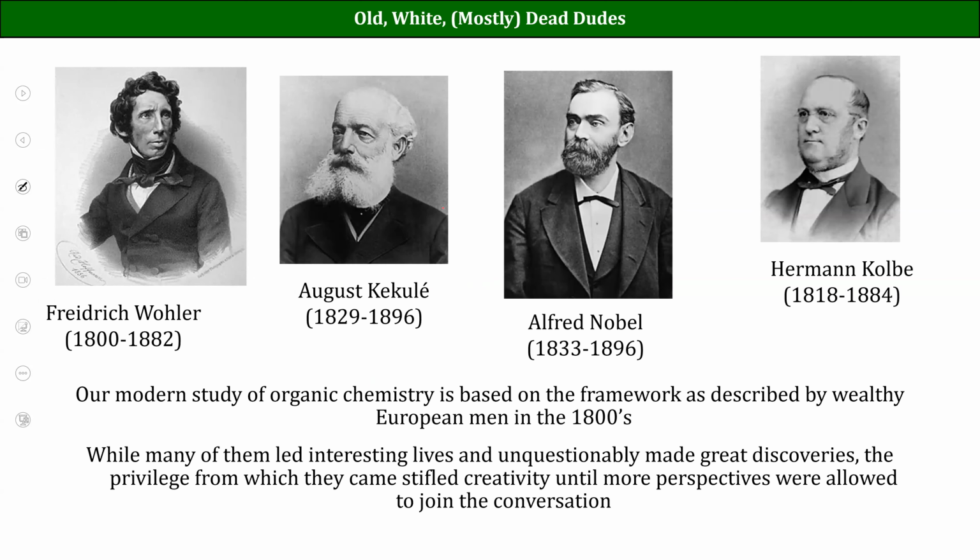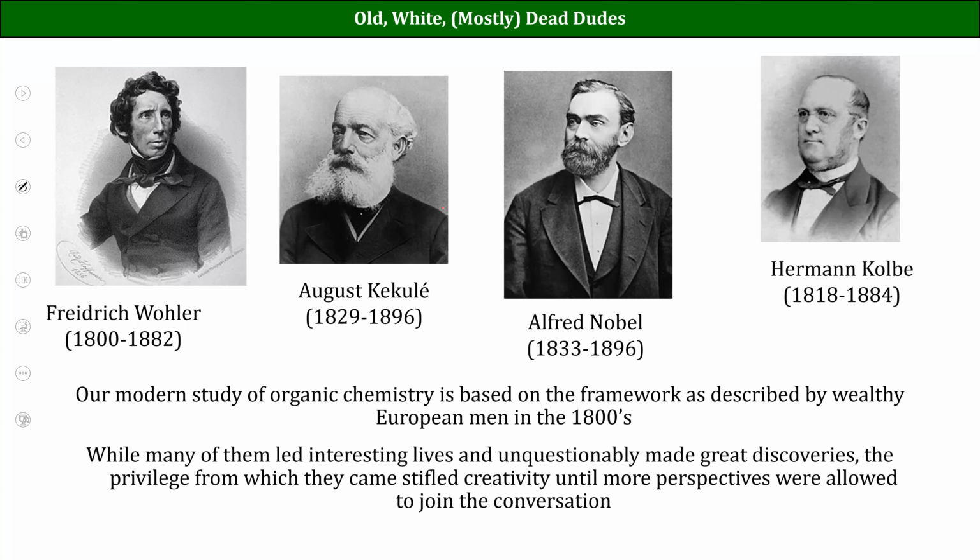If you were looking at the different portraits, you might notice they're all white European old men. That's because when this was all being discovered in the early 1900s, being white and coming from money and being either American or Northern European was a huge asset.